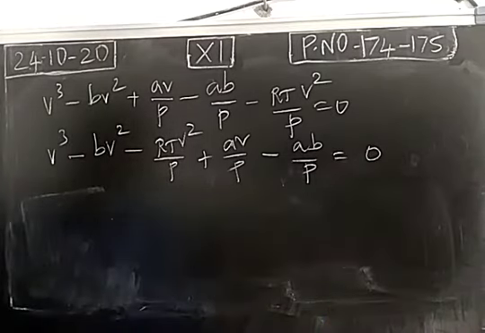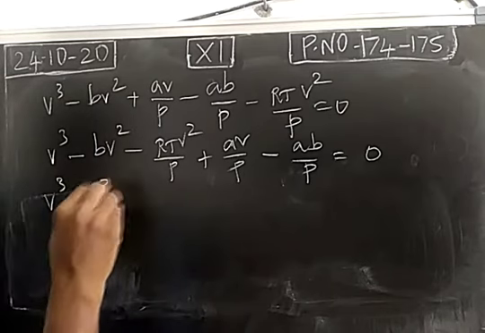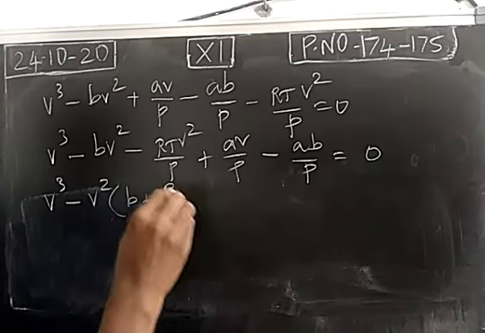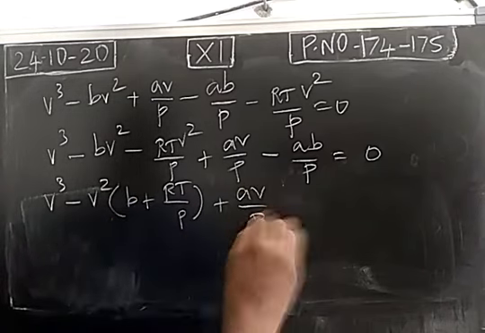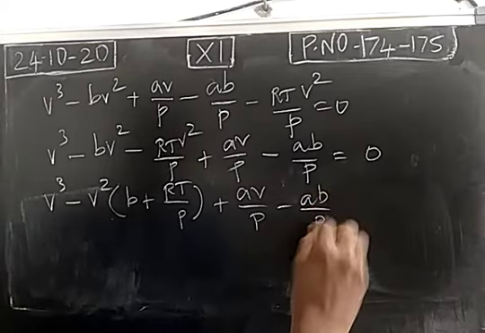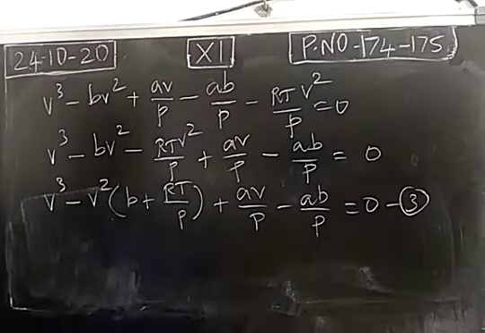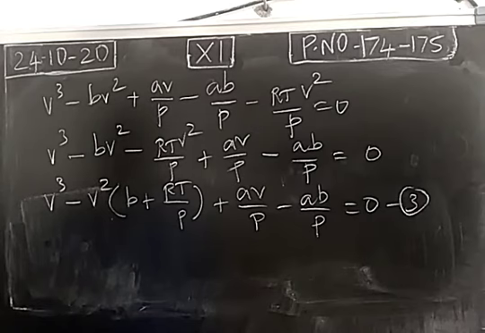V squared is a common factor. So V cube minus V squared times b plus RT by P, plus aV by P, minus ab by P is equal to 0. We take this as equation number 3. So this is a cubic equation. When we solve this, how many solutions will we get? 3 solutions will be there.